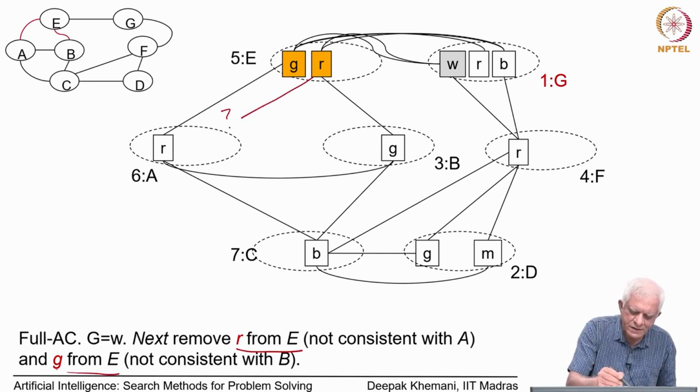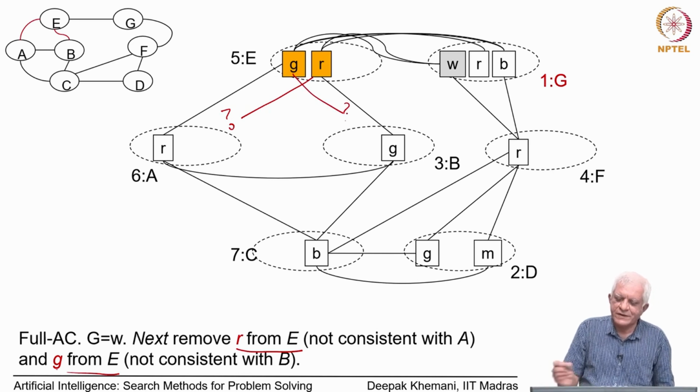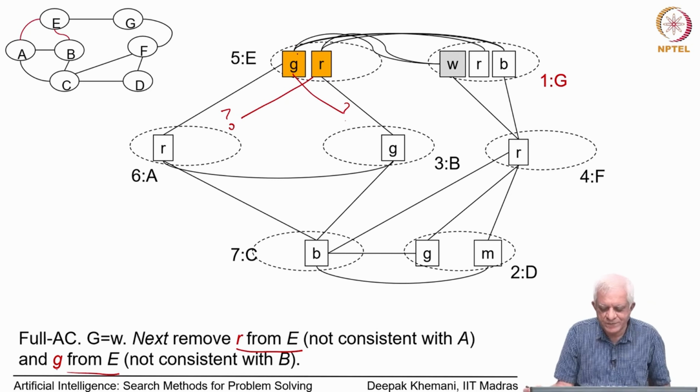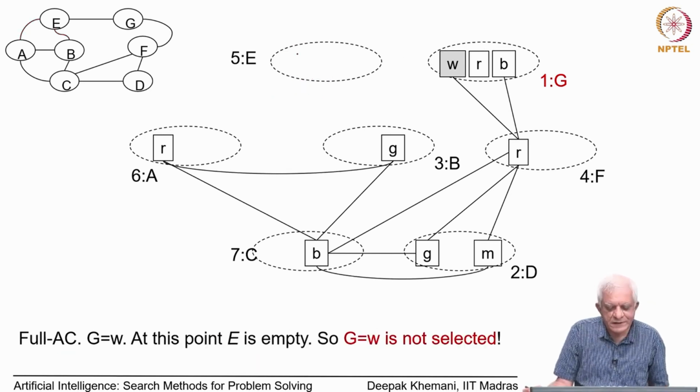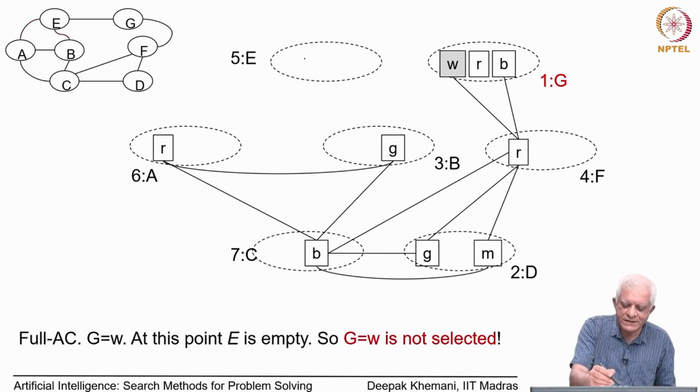Because it has no value in variable A, and G has no value in variable B. So, we will end up doing that when we do revise of E with respect to A and with respect to B, and we will notice that there is an empty domain.